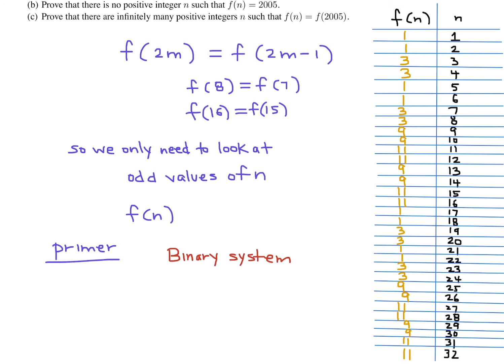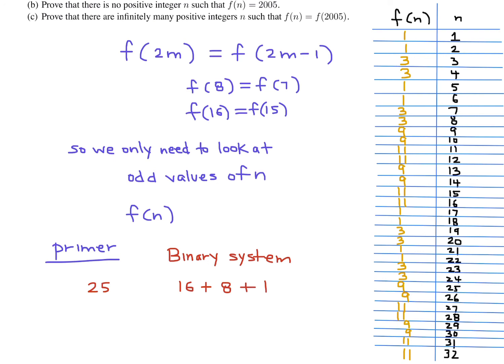The binary system essentially means that you can represent any number in terms of the sum of powers of 2. So, for example, if I said to write 25 in the binary system, well, 25 would be 16 plus 8 plus 1, correct?